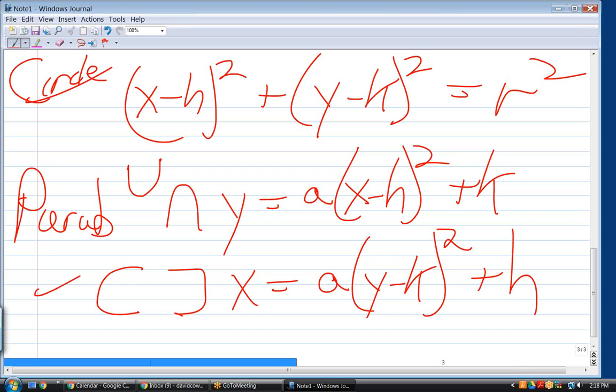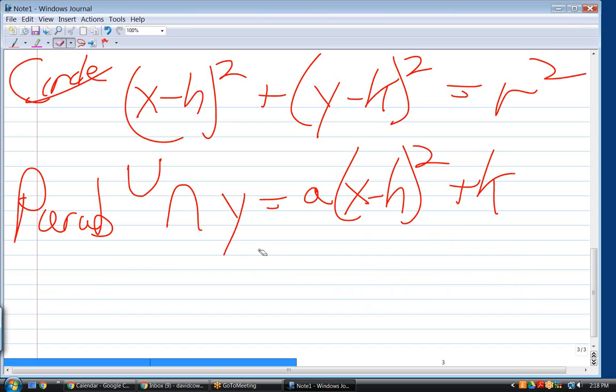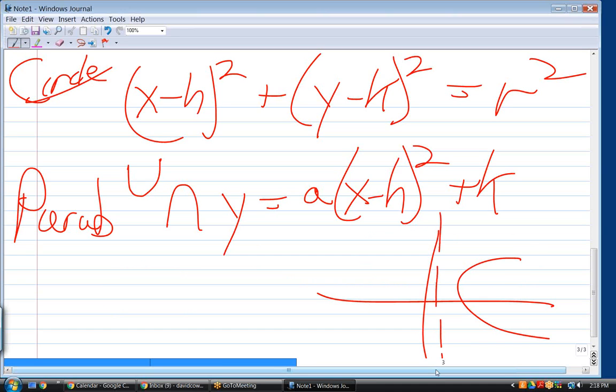And then you kind of learn about them. But obviously in a horizontal parabola, the directrix is still outside the parabola, but it's a vertical line, not a horizontal line. And your focus is always inside the parabola.